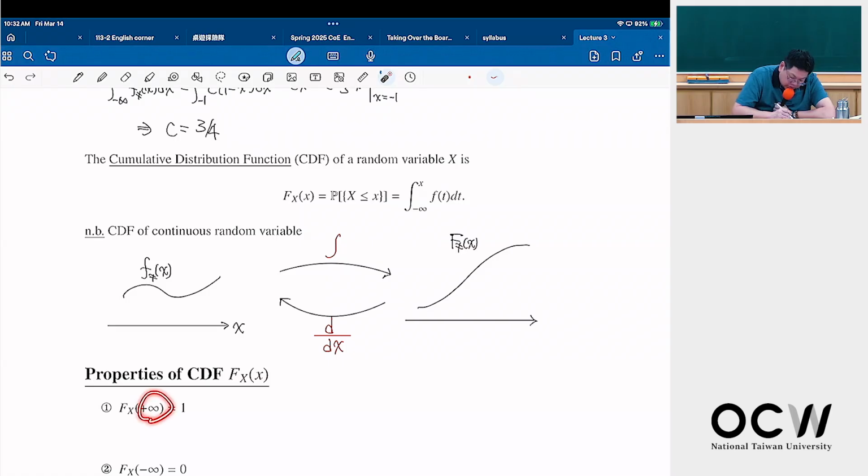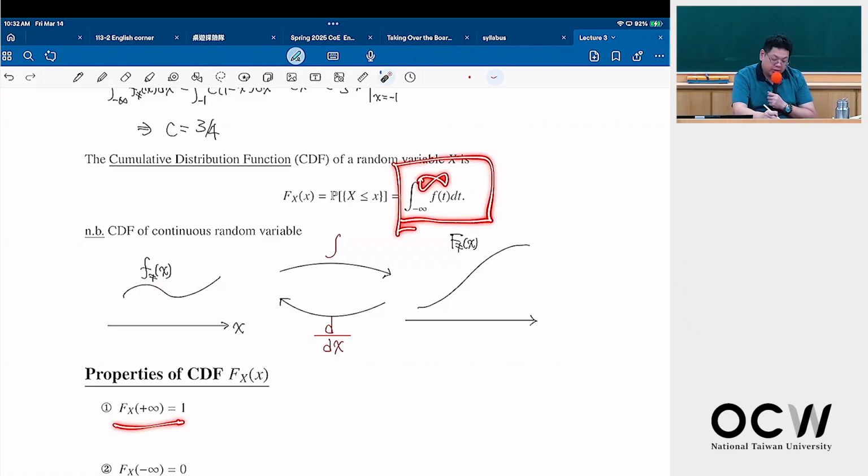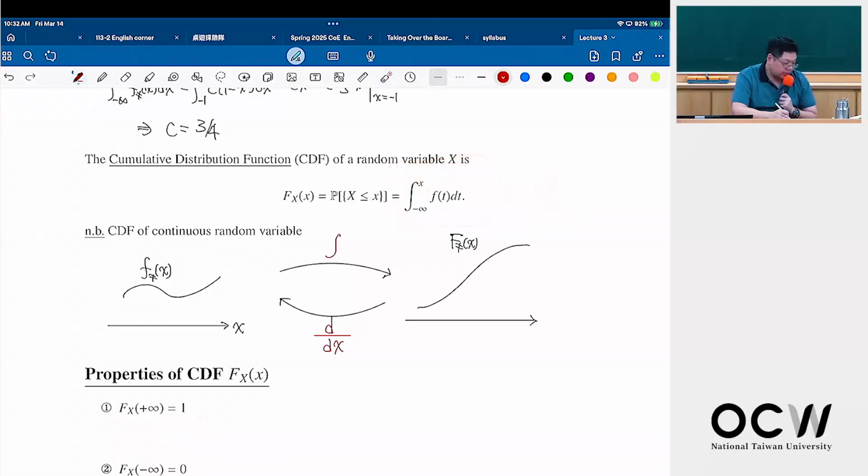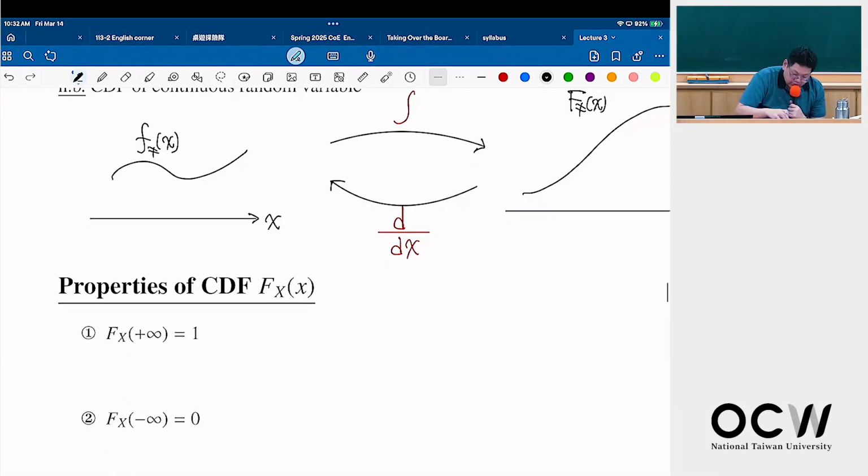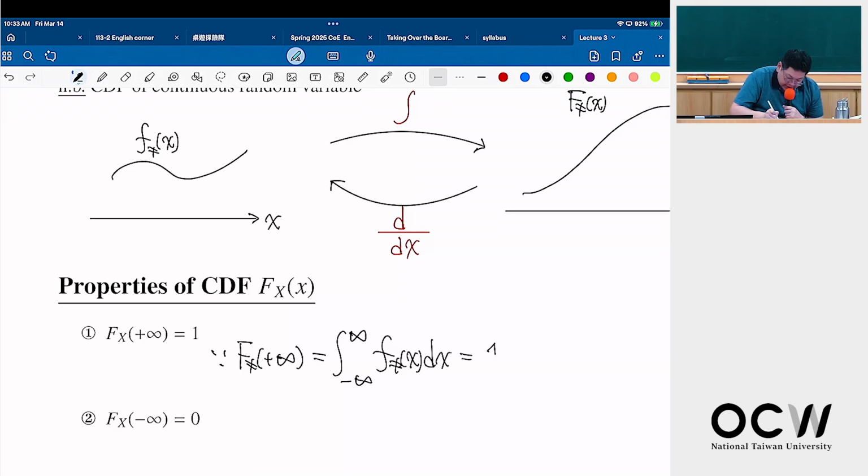So if I say the CDF of infinity, here I put the infinity, from the property of the PDF, this should be 1. Or you can just go by the definition. The definition of the CDF here is the integral of f(x) dx, and by the property of the PDF, this integration is 1.